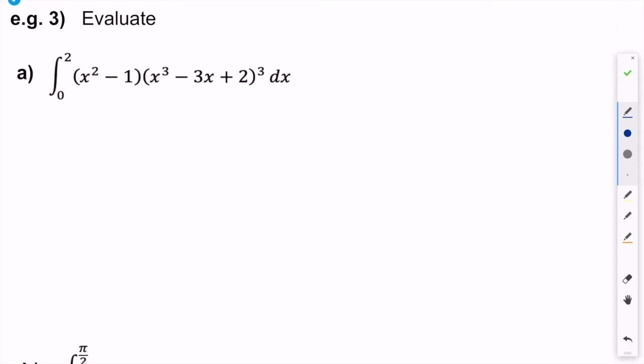From what you have learned on the previous pages, you probably can see that if we let u be x cubed minus 3x plus 2, then du will be 3x squared minus 3 dx. It doesn't match up with x squared minus 1. However, if I divide both sides by 3, then this is what I'll have. So we can get that substitution in there nicely.